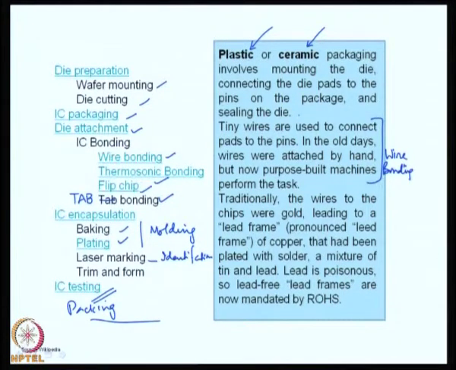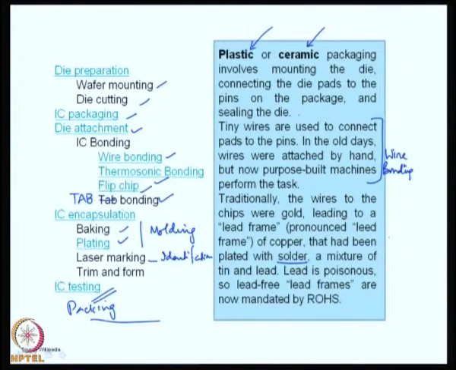Then the wires to the chips are typically gold, and they are connected to the lead frame, but now other materials are also being used, and then the lead frames finally in the second level of packaging, they get attached using solder material. Earlier tin lead was used.